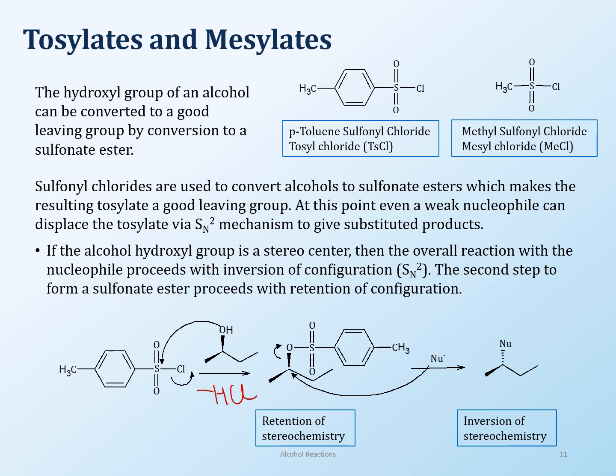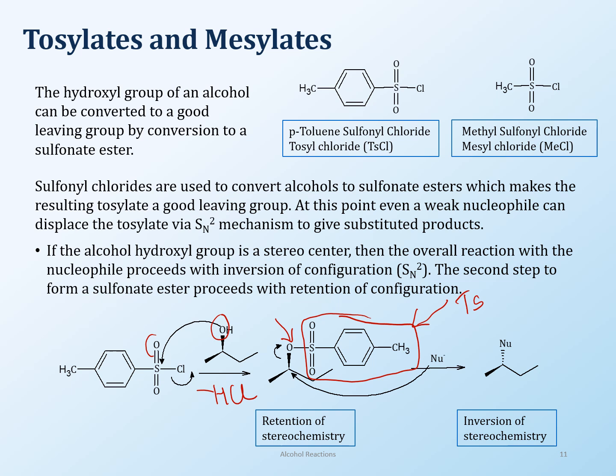The chlorine is gone, hydrogen is gone, and then you're left with this whole group attached to the oxygen of the alcohol, right here. This is called the tosylate. Now, let me just tell you a little bit about what's going on here. This whole group that's attached here is called the Ts group.